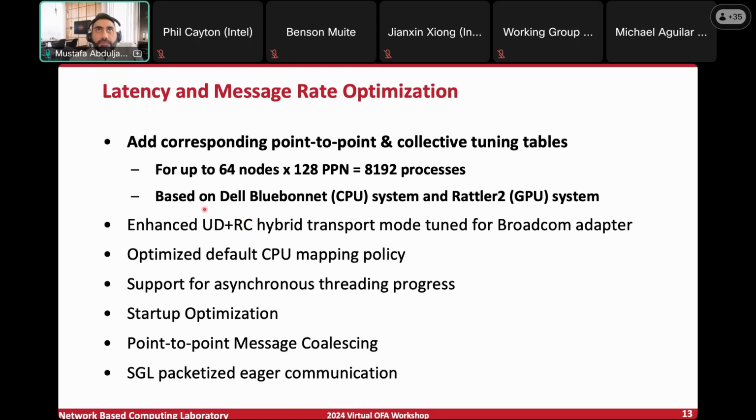Since we have up to 70 nodes on the Bluebonnet cluster, we have tuned up to 8K processes, on top of the Bluebonnet CPU system as well as the GPU system that features A100 GPUs with the Broadcom adapters.